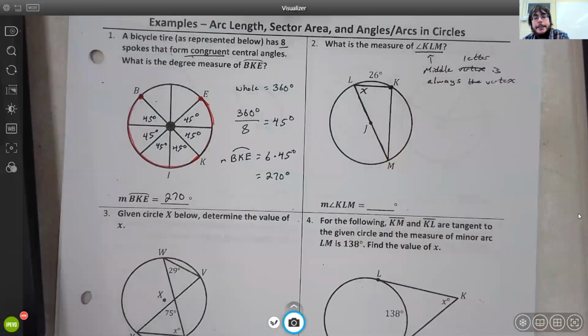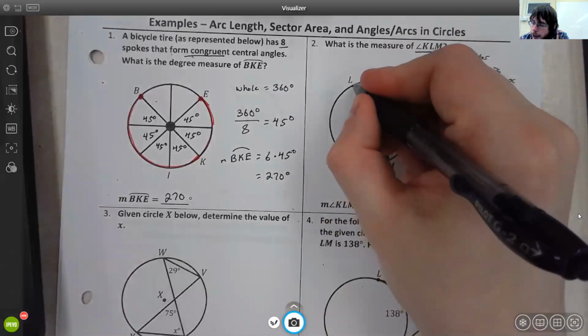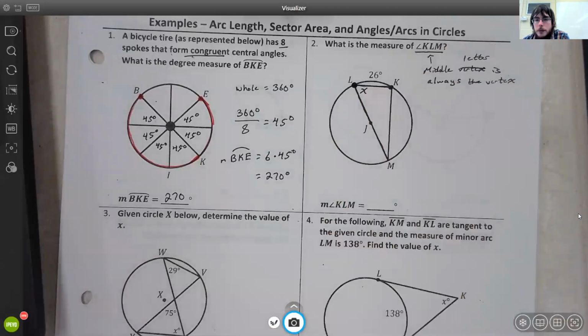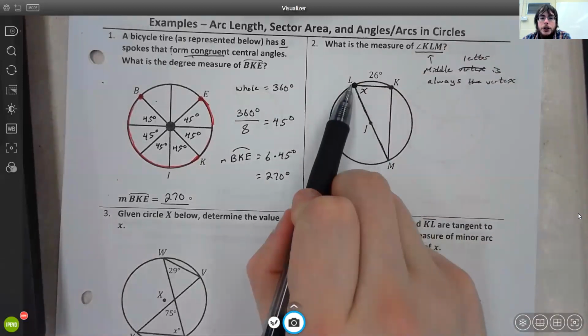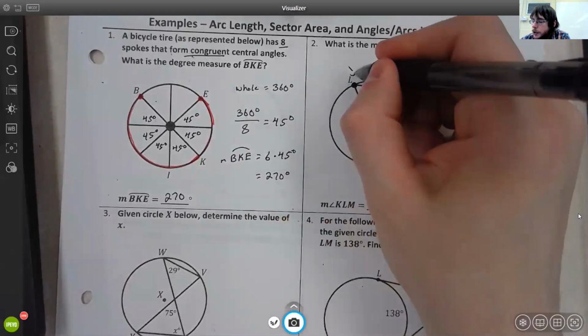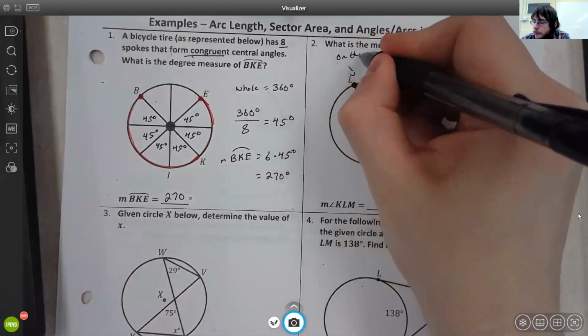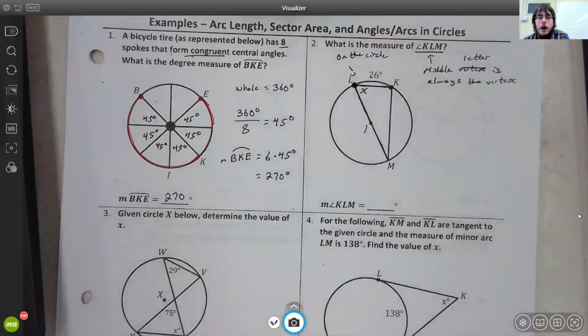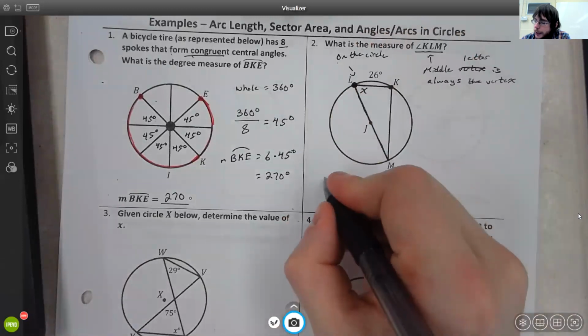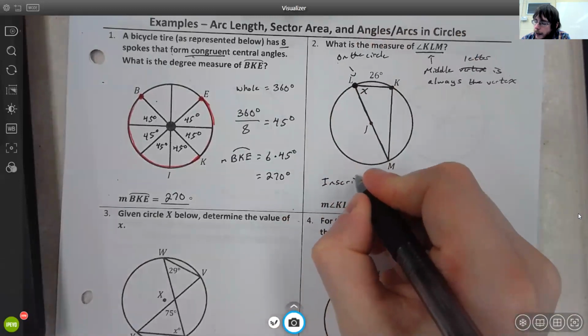So the next thing is, since this is a circle and we're dealing with an angle in it, we need to determine what type of angle L is. And we do that by looking at where the vertex is. So the vertex is here at angle L, and that vertex is on the circle. And since the vertex is on the circle, we are dealing with an inscribed angle.